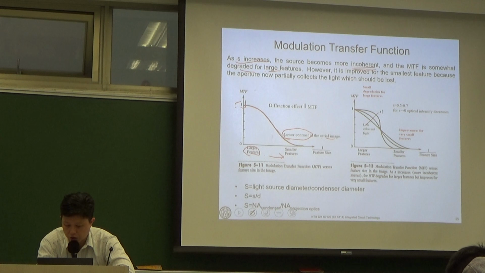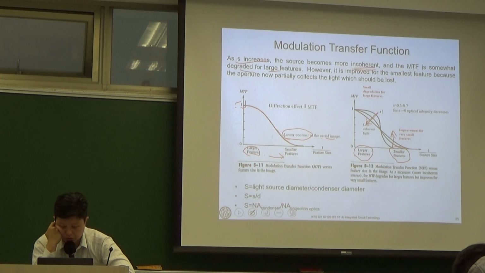For the larger feature size, the MTF degrades as you increase your S, right? But for the smaller features, the MTF actually improves when you increase your S, the diameter of your light source.